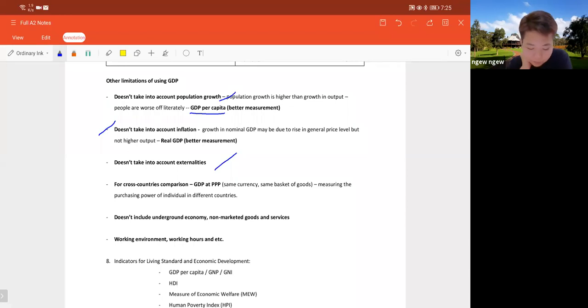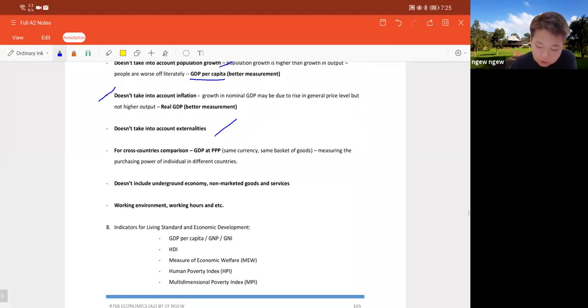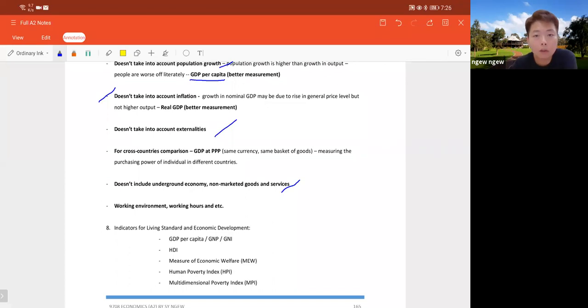And also, maybe country A has a higher GDP than country B, but that doesn't mean country A's standard of living is higher. Although the GDP captured is low, country B might have a high amount of non-marketed goods and services, a high amount of subsistence economy. So basically the people in country B are enjoying a good lifestyle as well.